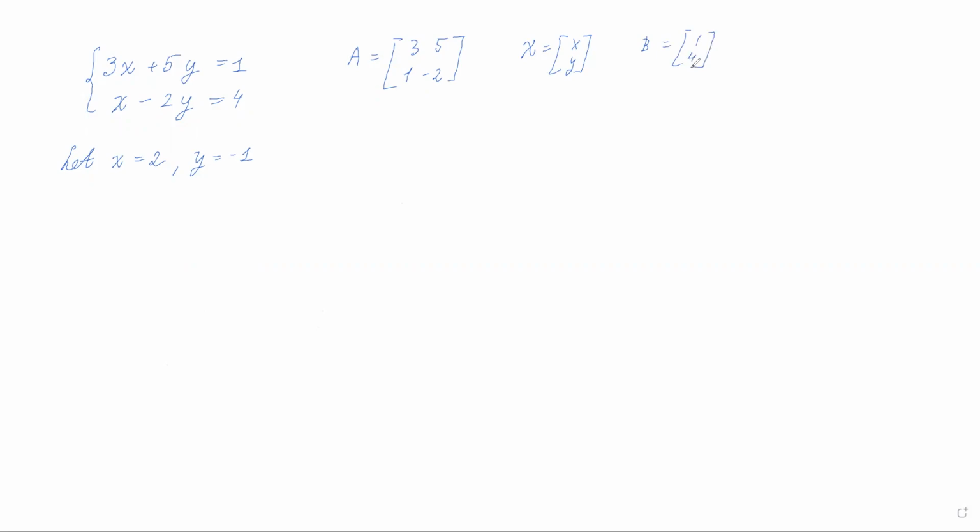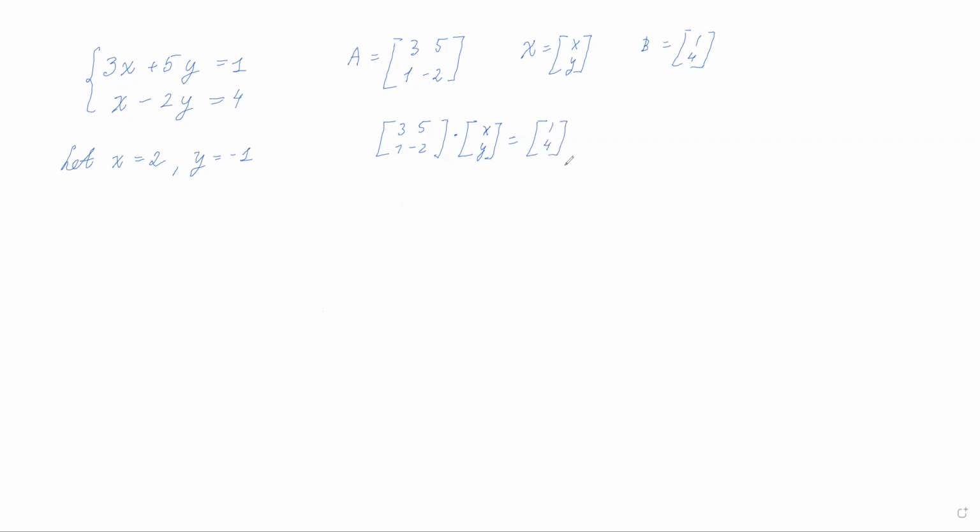Now, how is my system going to look in matrix form? Well, first I'm going to write it with numbers, and then I'm going to write it generally. It's going to be the matrix 3, 5, 1, -2 multiplied by the column x, y, and that's going to be equal to 1, 4.